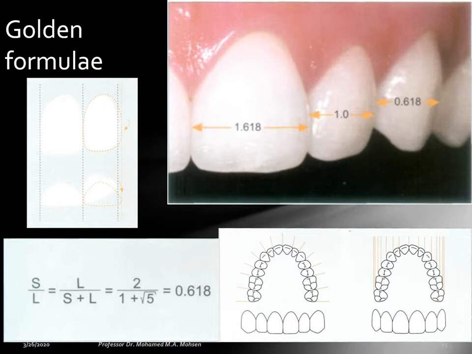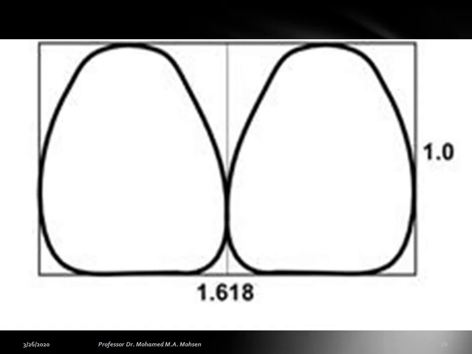Okay. Here also we can see the same relation, 1.618 to 1 to 0.618. This golden relation is very important in the determination of the height of the teeth, where both widths of the two central incisors is in golden relation with the height of the teeth, 1.618 to 1.